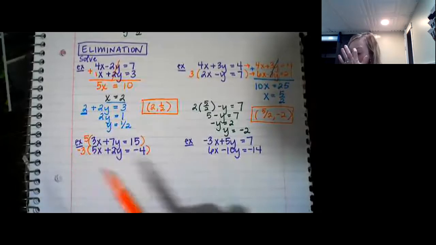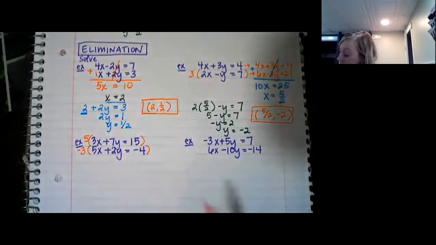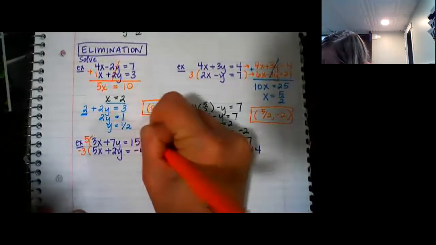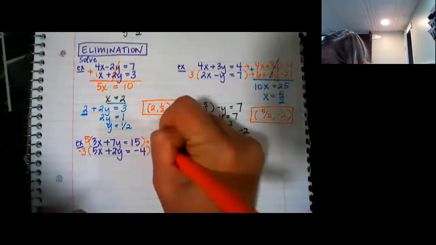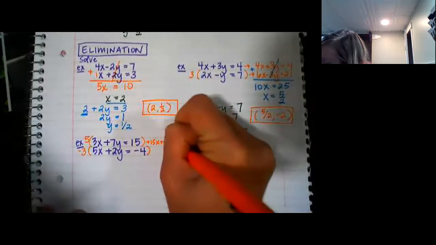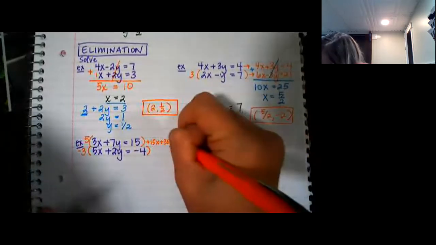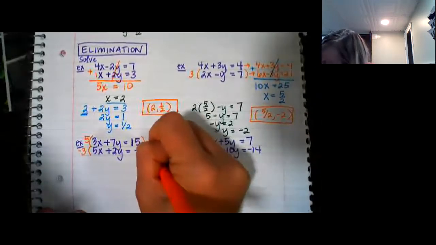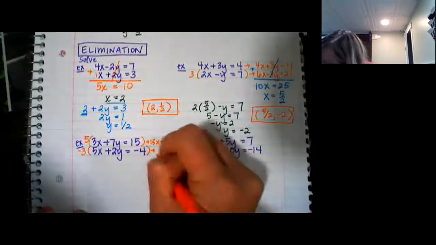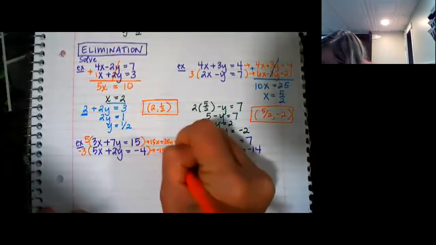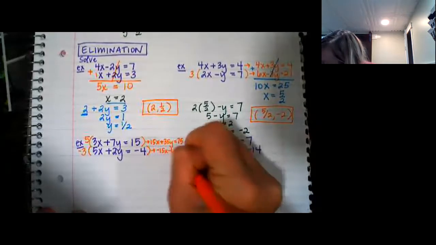So I'm going to get those opposites. So now my new equation here is 15x plus 35y equals 75. And then here, my second equation becomes negative 15x minus 6y equals 12.